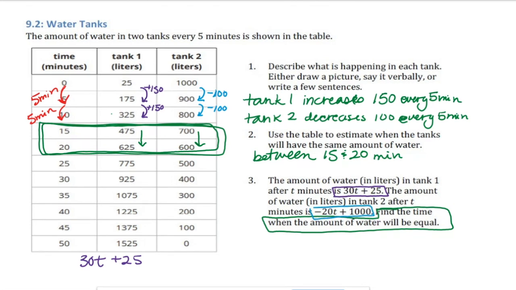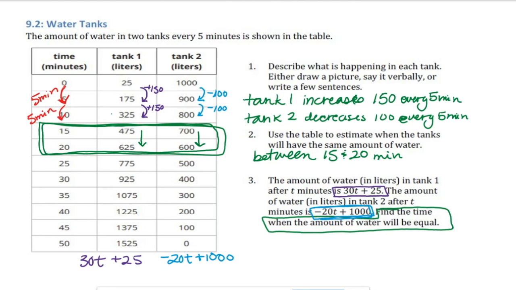Now tank 2 is negative 20T plus 1000. So let's take a minute and let's see kind of where they may have pulled these numbers from.